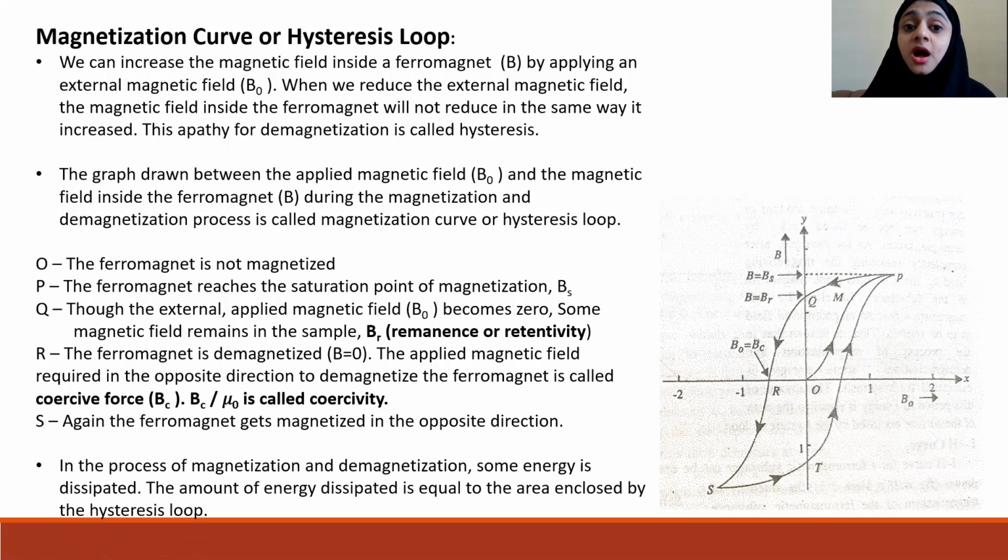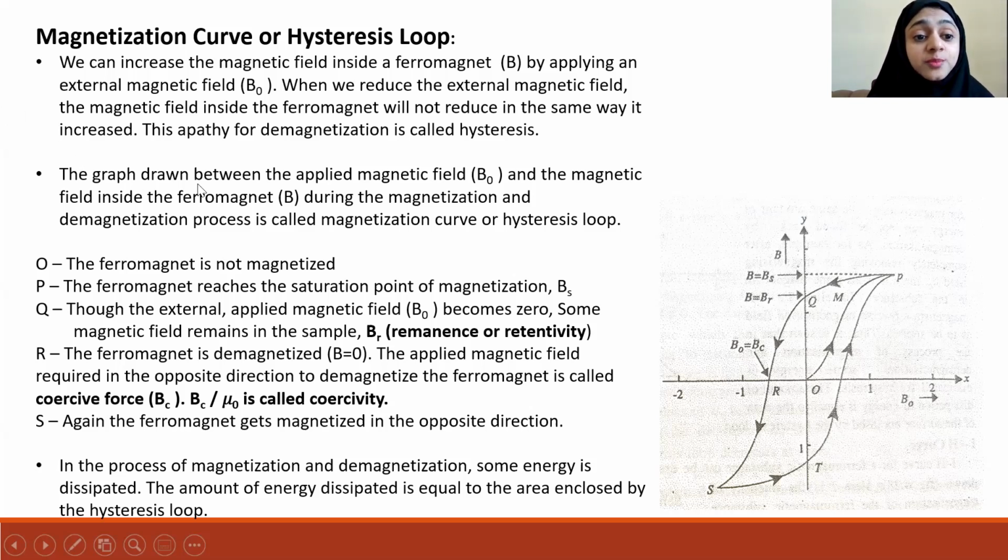Now, to learn how this occurs, we usually draw a graph between the applied magnetic field B naught, taken along the x-axis, and the magnetic field within the ferromagnetic material, represented by B, along the y-axis.